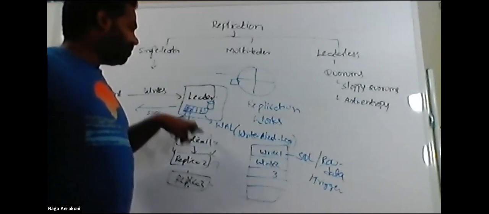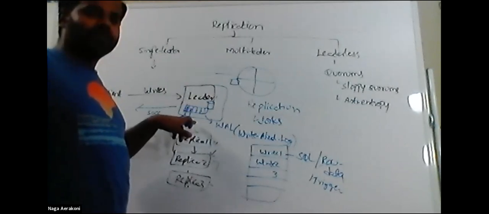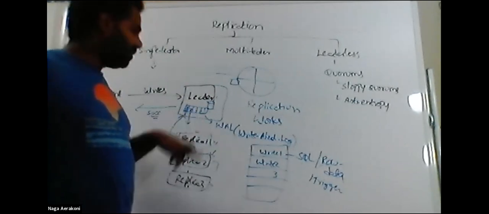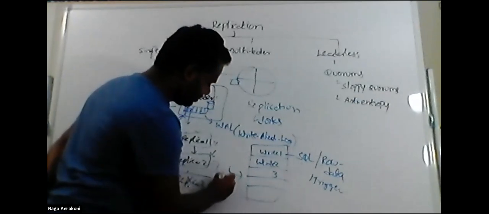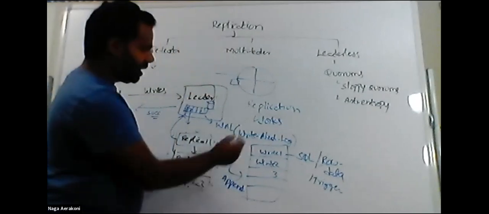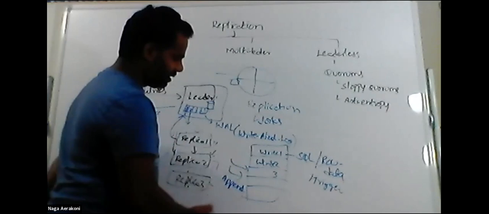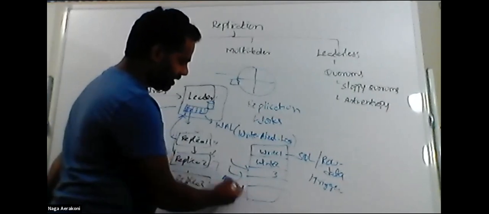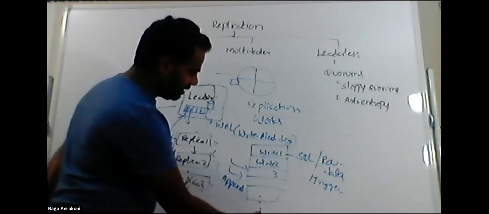The general idea is that though multiple threads are using the write ahead log, they always append, no update. So this is append only. Even if multiple threads are writing, one thread will write to this, and another thread will see that this is empty, so it will write to the next slot. Whichever is empty, it keeps on writing.